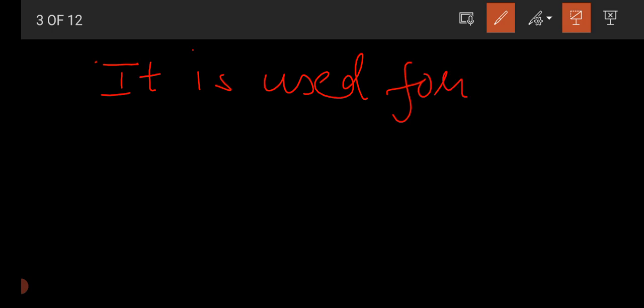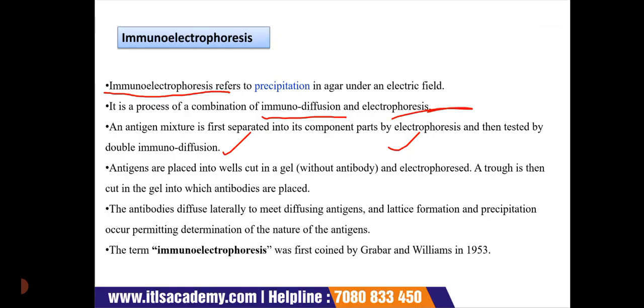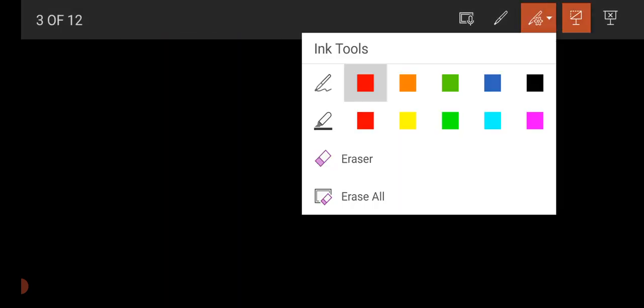If in an exam they ask you what is immunoelectrophoresis, you can write it here.